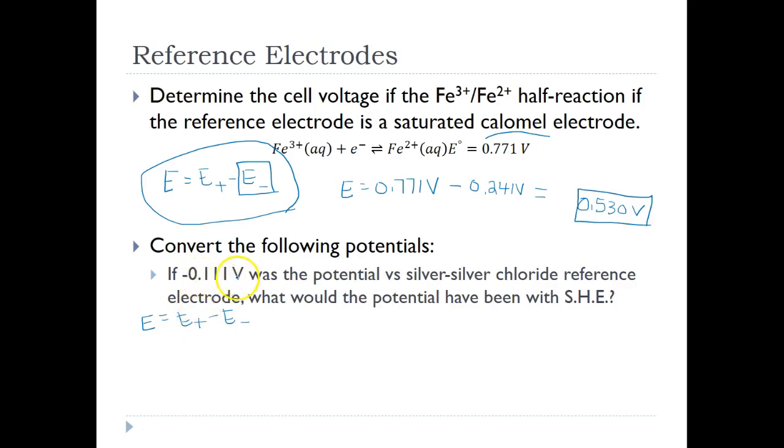But negative 0.111 volts, that's what they got, that's this number. So let's just go ahead and plug negative 0.111 volts in for E. I do not know the cell potential of the indicator electrode. It says that the reference electrode was silver-silver chloride. So the potential for silver-silver chloride that I told you to use is 0.197 volts.